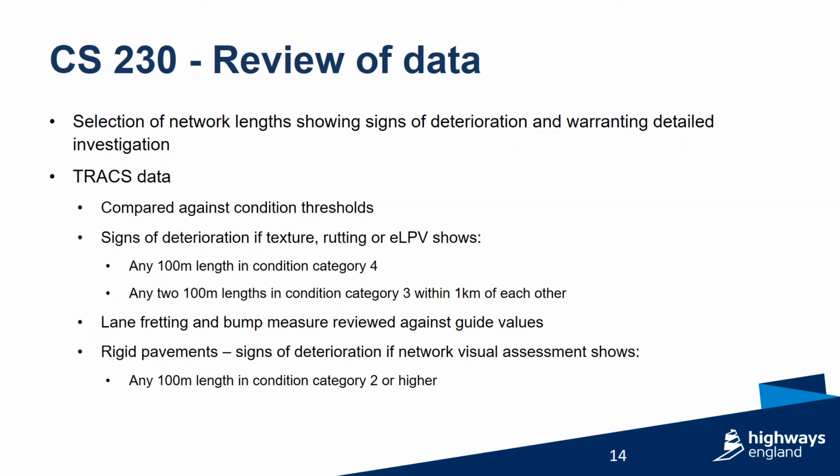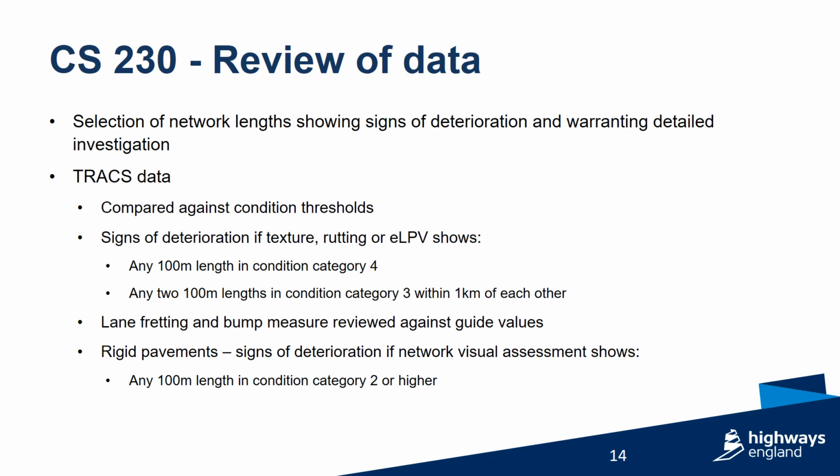CS230 includes the requirement to review the TRACS and TRASS network level data to select lengths of pavement that warrant detailed investigation. For TRACS, the most recent 100-metre data is compared against condition thresholds.